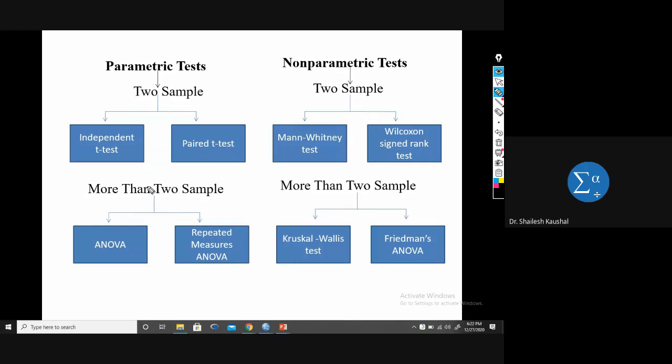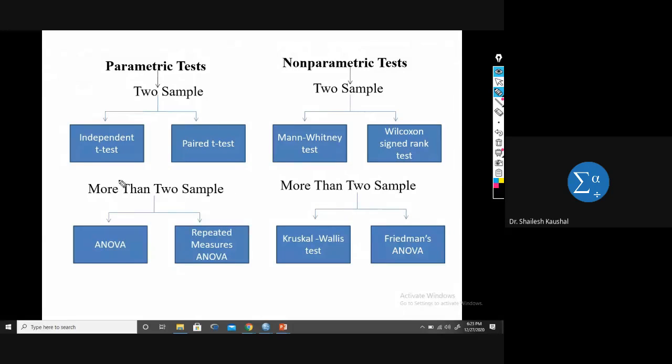When we divide our sample into two categories, it is known as two samples. In this workshop, we can divide all the participants into two categories, female participants and male participants. When we divide into two categories, it is the two sample case, and the first test is the independent t-test.